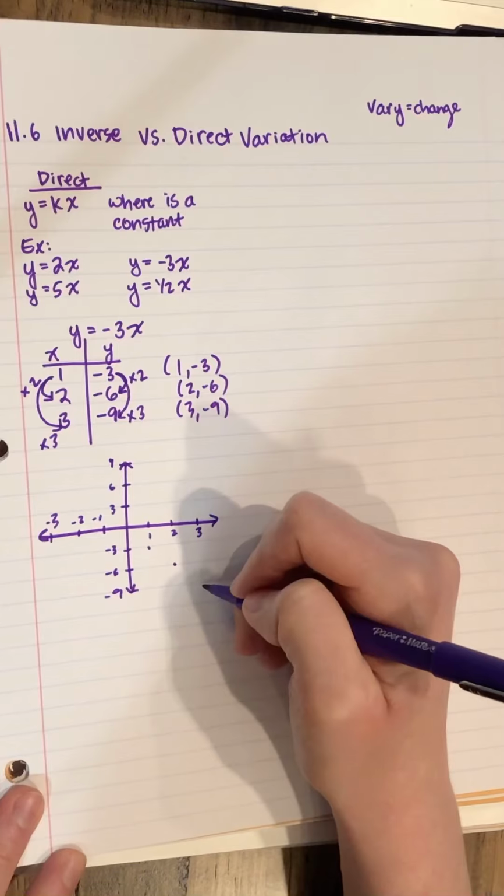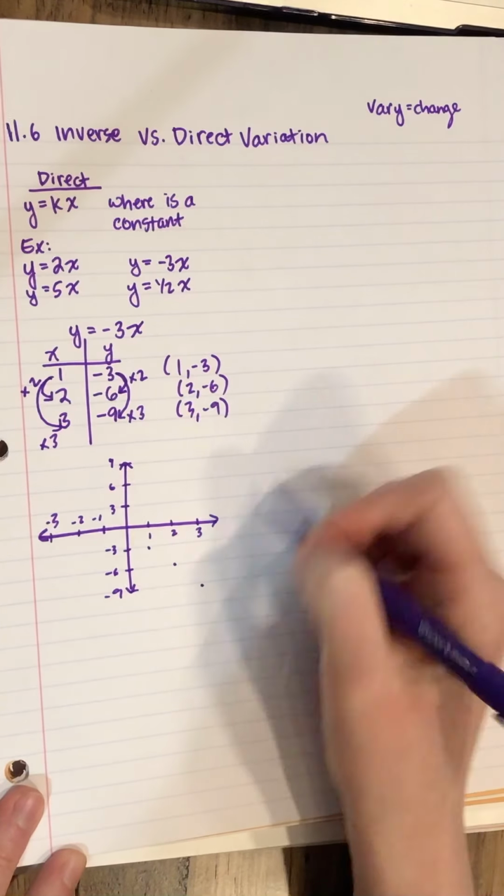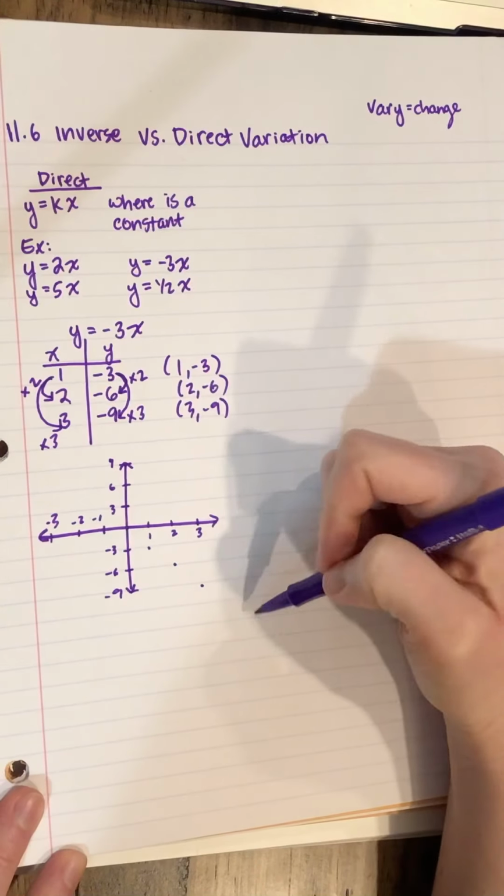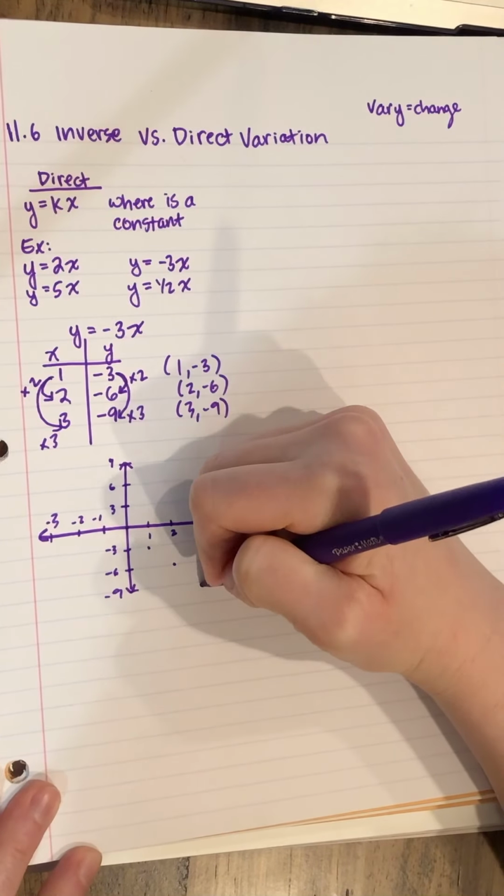If you were to plug in a 0 for x, you would get 0. So clearly this is making a straight line.